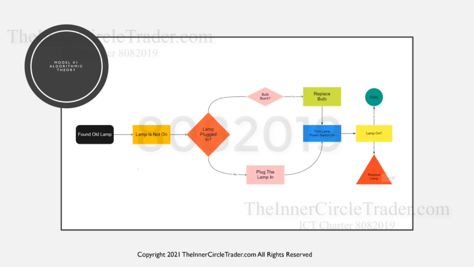You can take what I've taught you in this mentorship and create very intricate and complex price action models and algorithms. You don't need that level of sophistication to be profitable, but it's available to those that are inclined to do so.